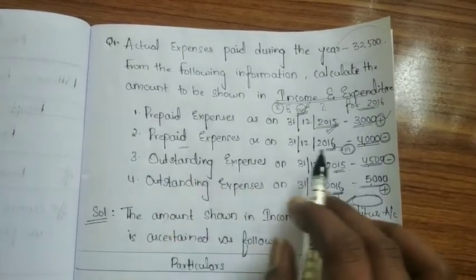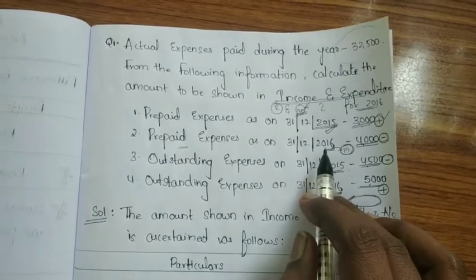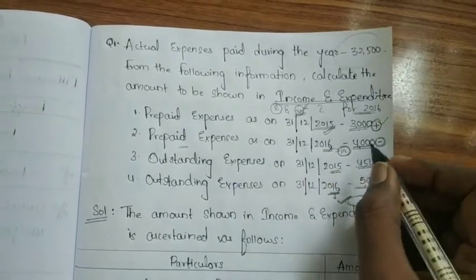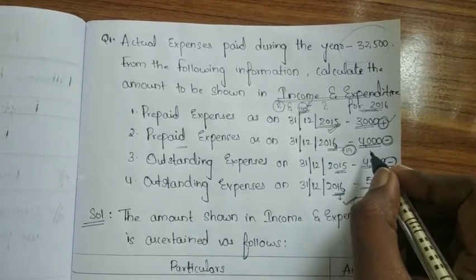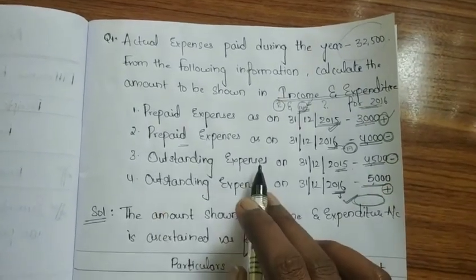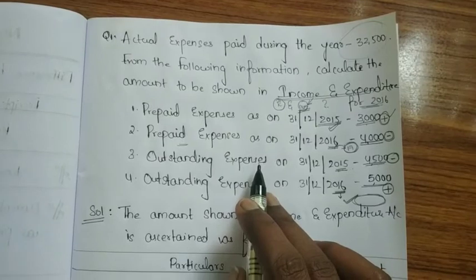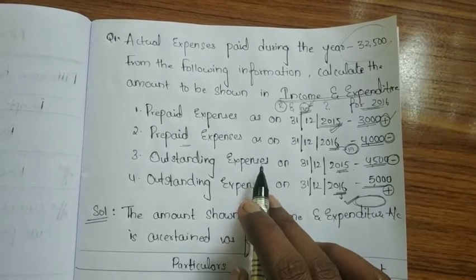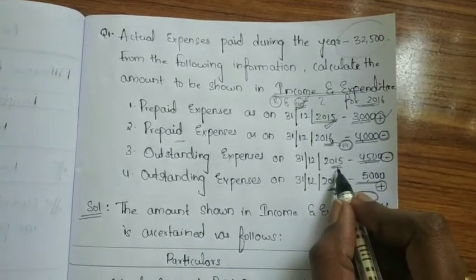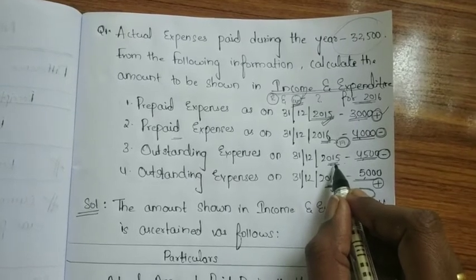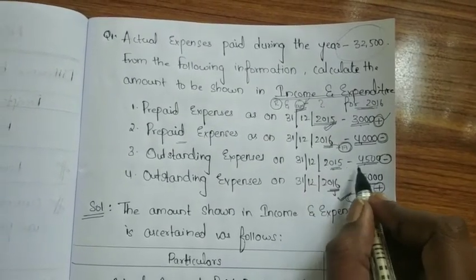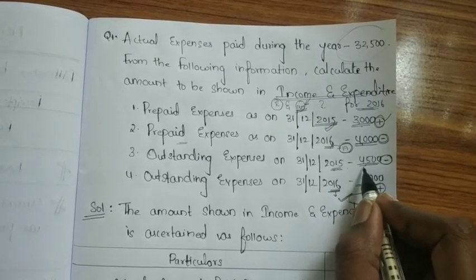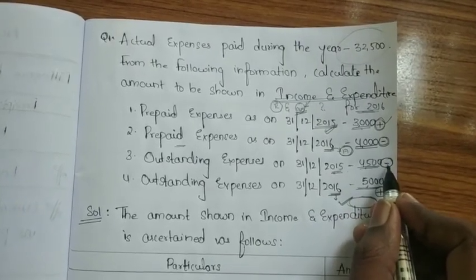So we prepaid the expenses in 2016 for the expenses in 2017. That means this 4,000 is not related to the year 2016. In the same manner, outstanding expenses, that means outstanding liability, the expenses still to be paid were paid in the year 2015. That means these expenses are related to 2015 and we are paying in 2016. This amount is nowhere related to 2016. That's why we are deducting this amount.